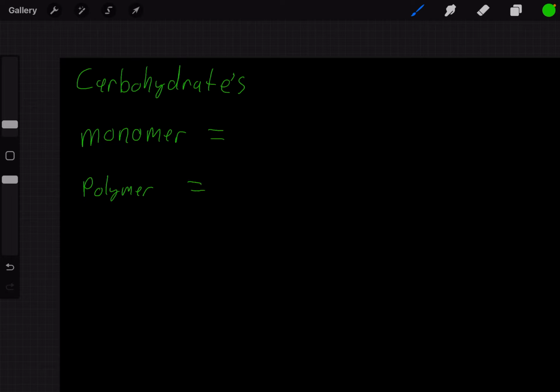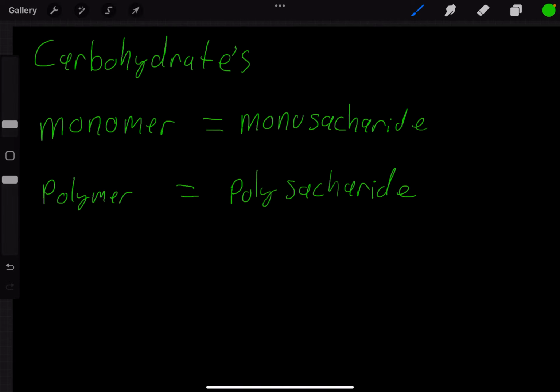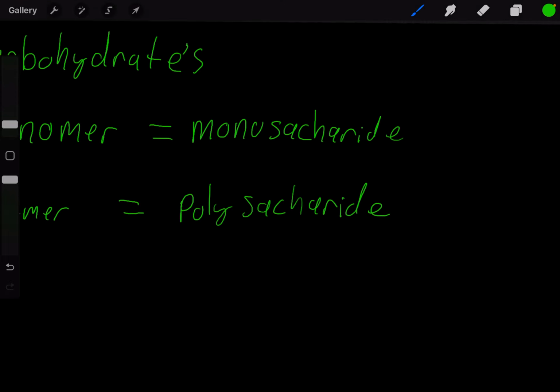So the monomer is a monosaccharide and a polymer is a polysaccharide. I think it's two C's. There, I'd spelled it wrong.